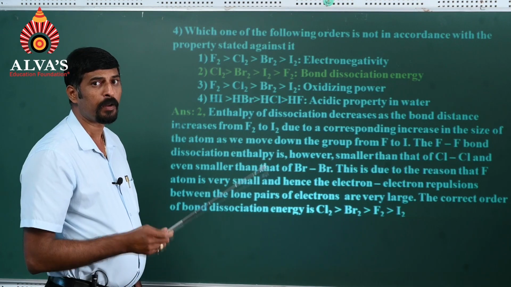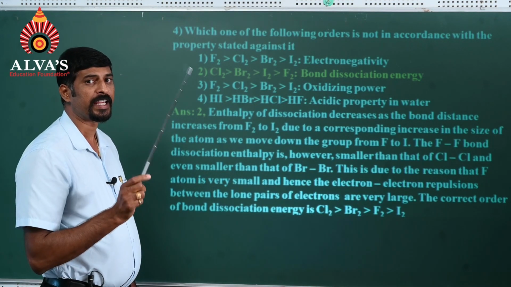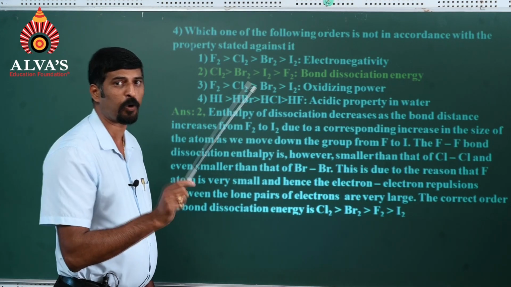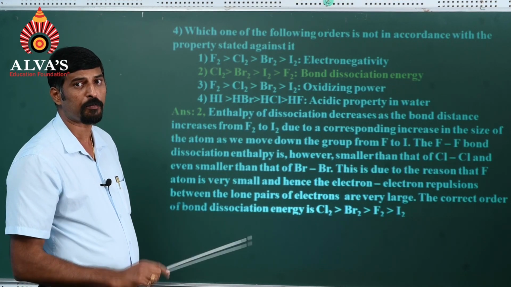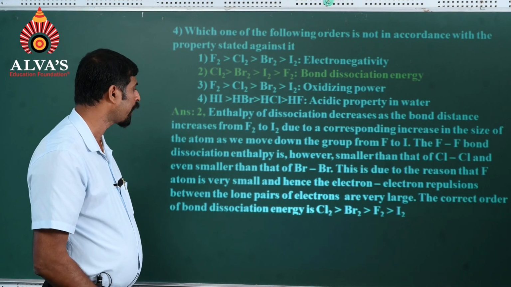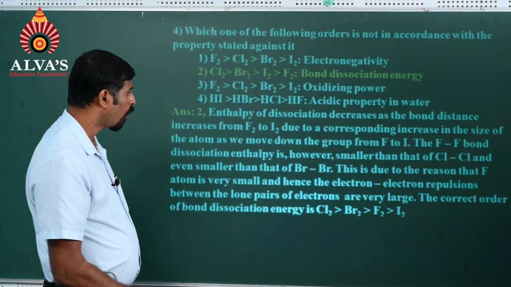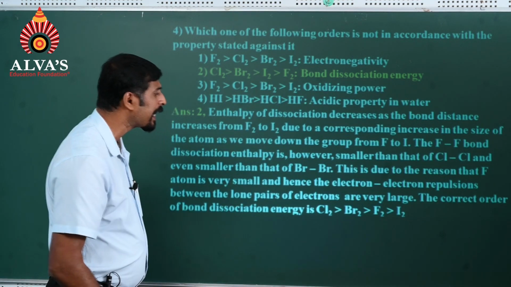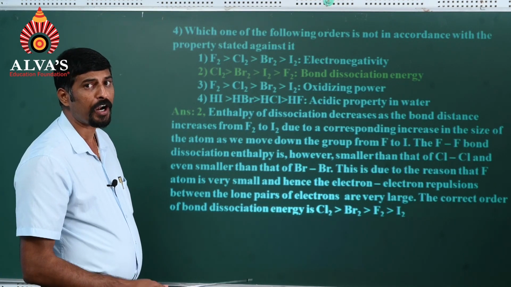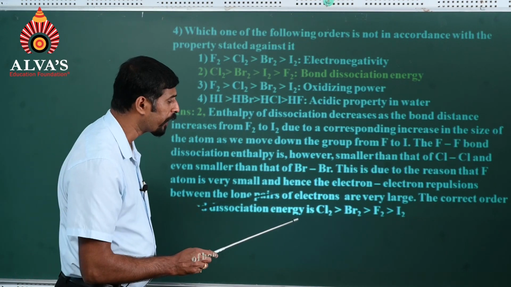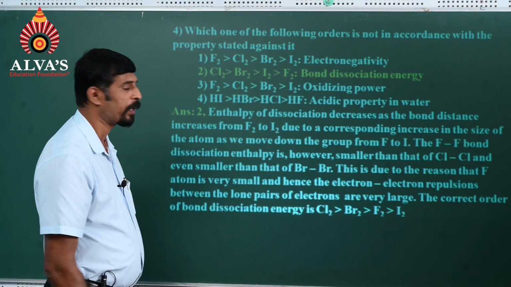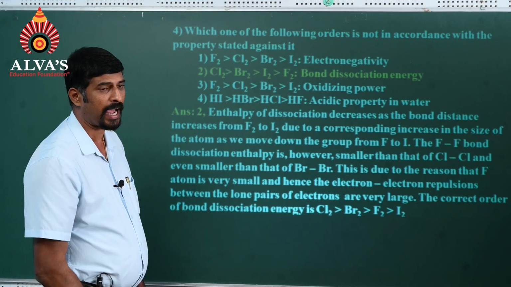That is because of the interelectronic repulsion between fluorine and fluorine atoms. Due to that repulsion, the bond dissociation energy of fluorine is less than chlorine and bromine, but it is more than iodine.